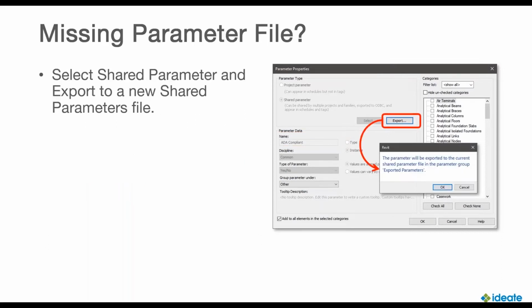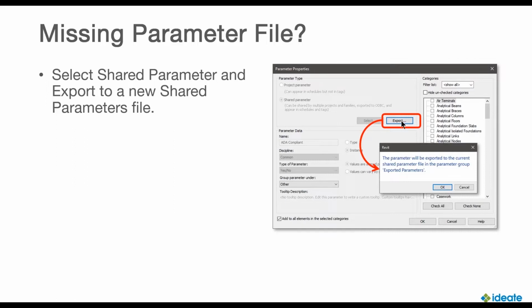The other thing too is, and you saw this with my ADA compliant, this was a family shared parameter. The manufacturer surely didn't give me the parameter file. You can sometimes go back on their website and say, hey, where is this parameter? I need it. You actually don't need it. What you can actually do when you run into a family shared parameter is there's an option to export this parameter.